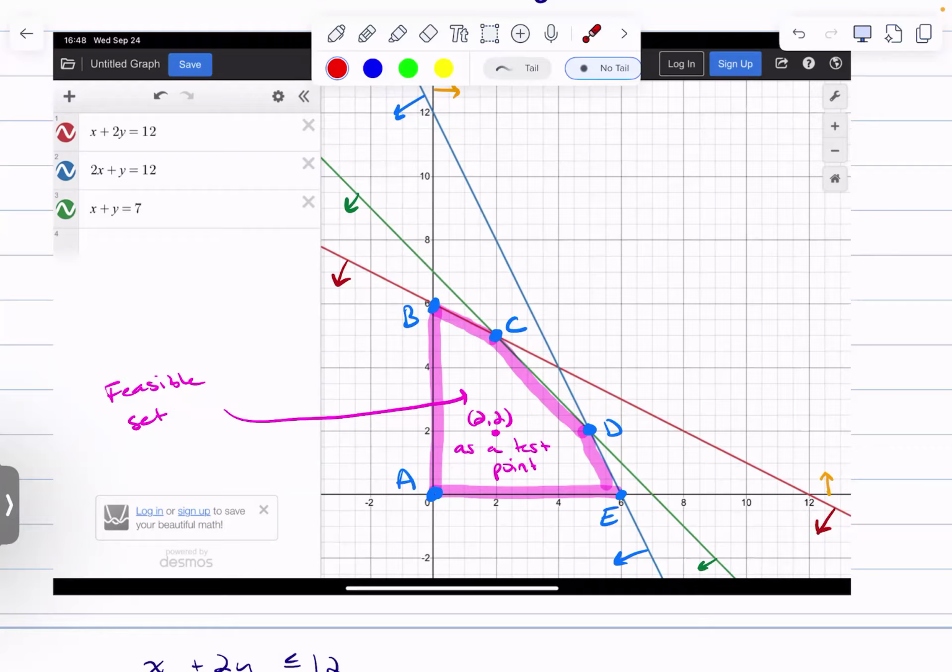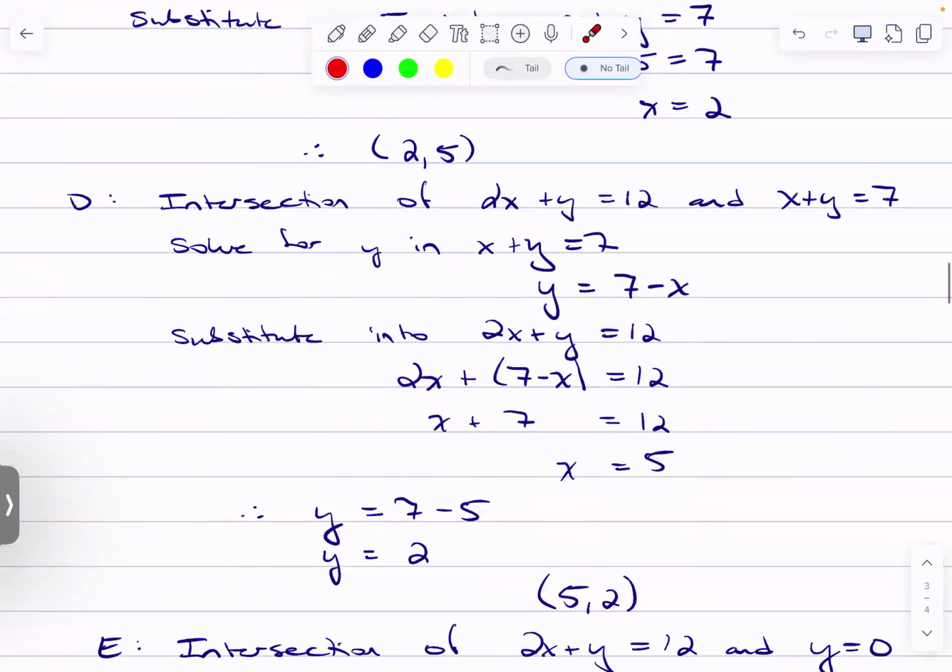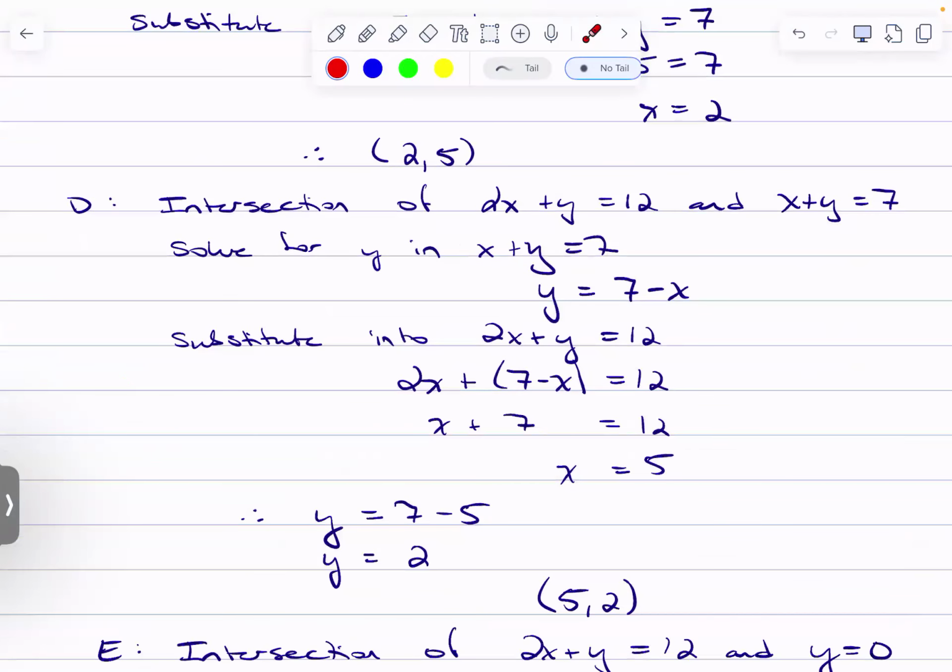I have a question. How do we solve D? Like what, y here is 7 minus x. 2x plus y instead of yx. I don't understand where the x is and where 2x. Let's go back there for D. So in x plus y equals 7, I chose to solve for y, mostly because I see a lonesome y here and it makes it a little bit easier. 7 minus x is, let me do that.